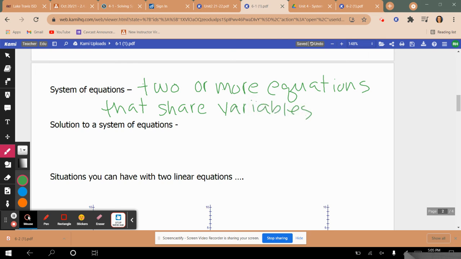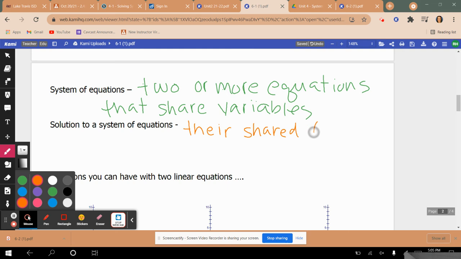And as y'all know, I'm not great at spelling, so if I misspell something, sorry about that. And then a solution to the system of equations. That is their shared xy coordinate. So I'm going to write that in one term, in one color, since it's just in layman's terms. So they're shared xy. And in more exact terms, we are going to say the values for the variables.